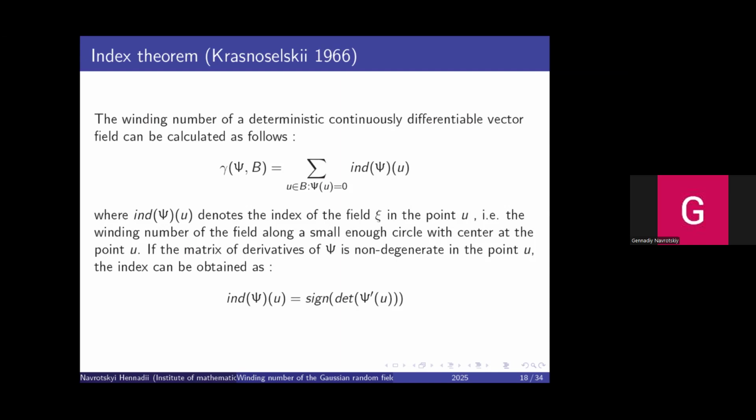Since the winding number of a vector field psi is equal to 0 on the boundary of any domain T such that psi does not turn to 0 inside T, it occurs that we can just calculate winding numbers on small circles centered at points u, which are zeros of psi.